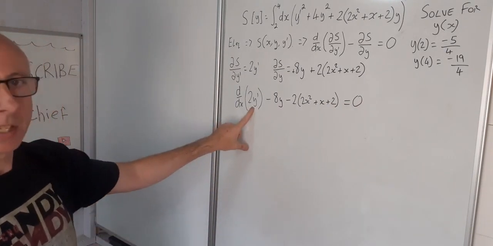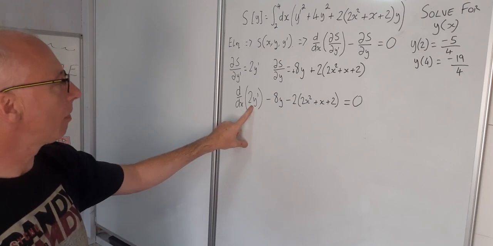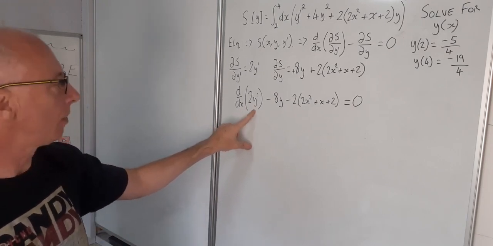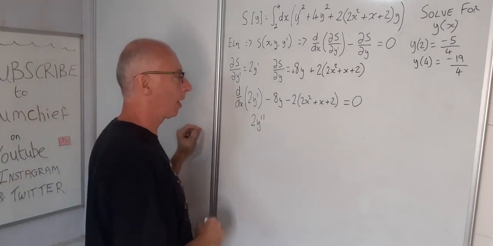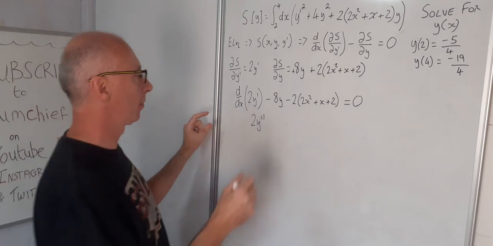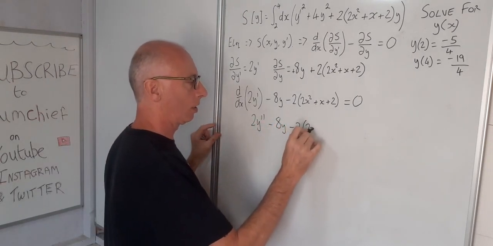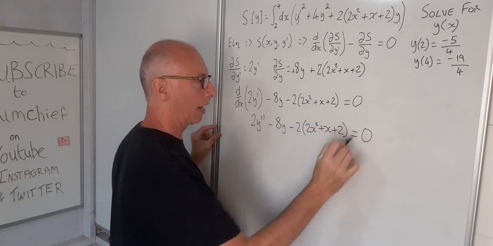Okay, this y prime is a function of x, so the derivative of that will just become y double prime. So we can take care of this term here and just write this as 2y double prime, that's the derivative of y prime, minus 8y minus 2 times our quadratic, and set that to 0.